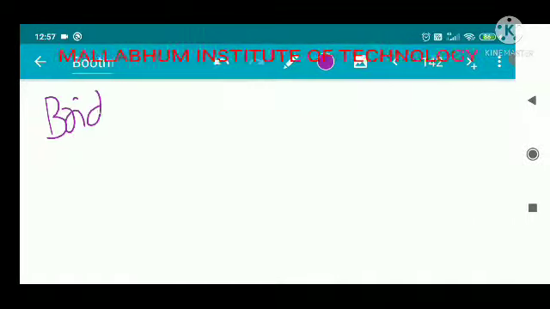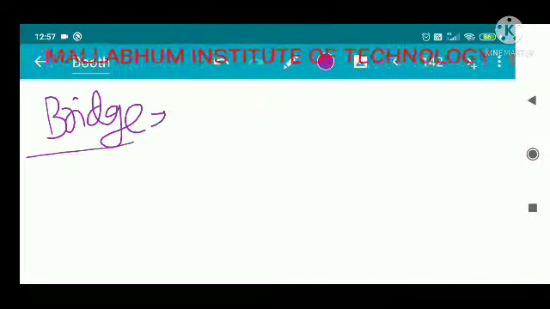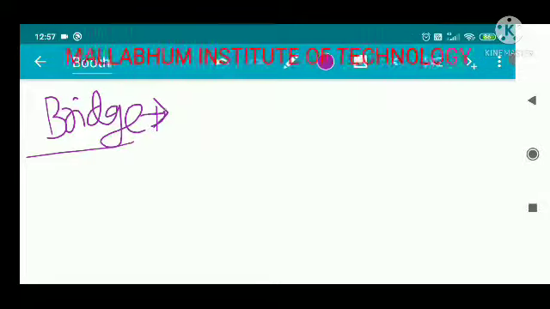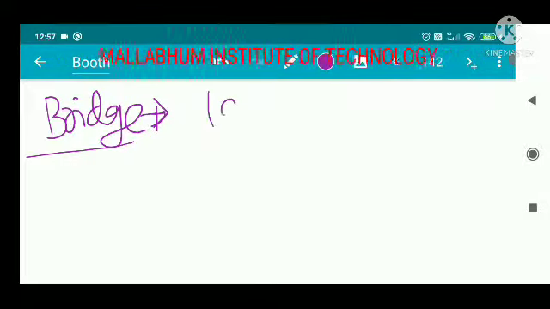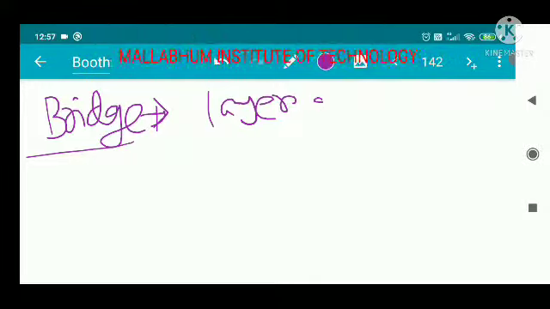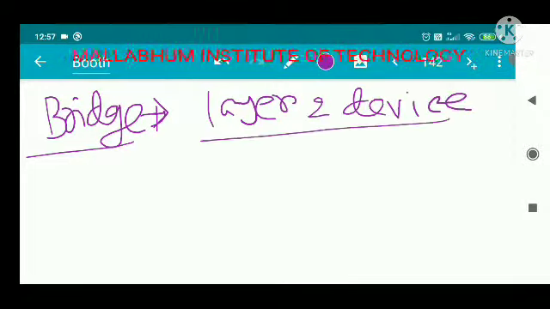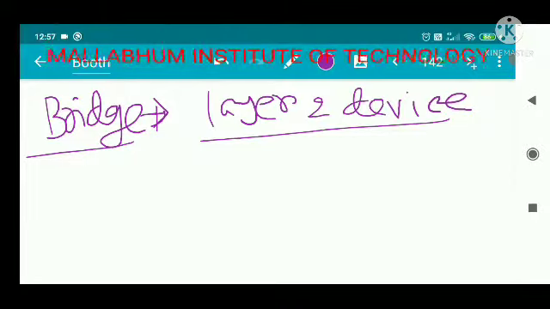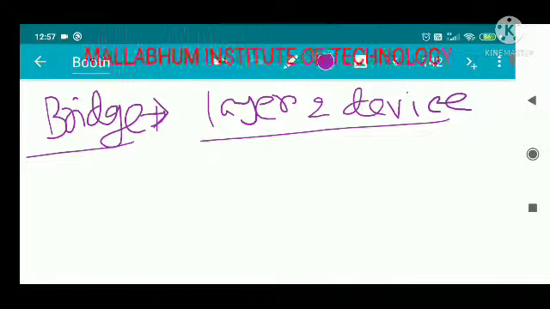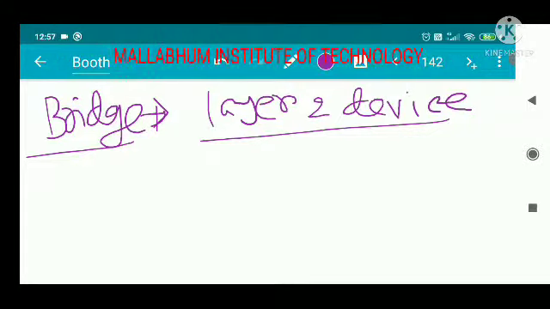The next device is your bridge. The bridge is also a layer 2 device. It also connects local area networks that run with the same protocol.